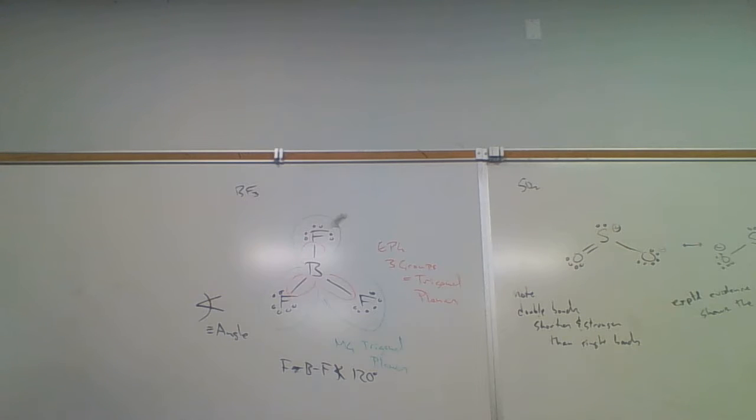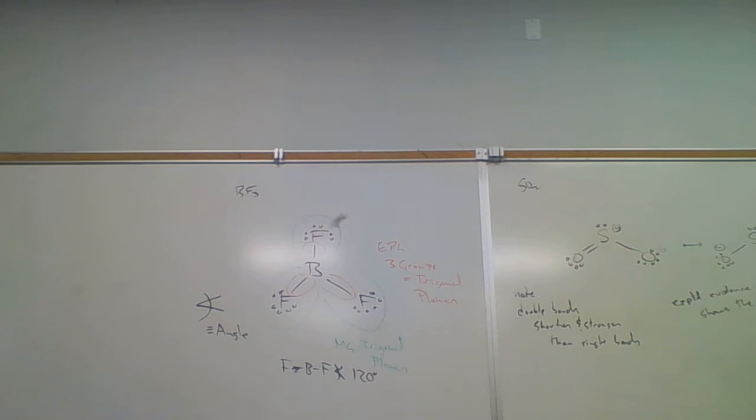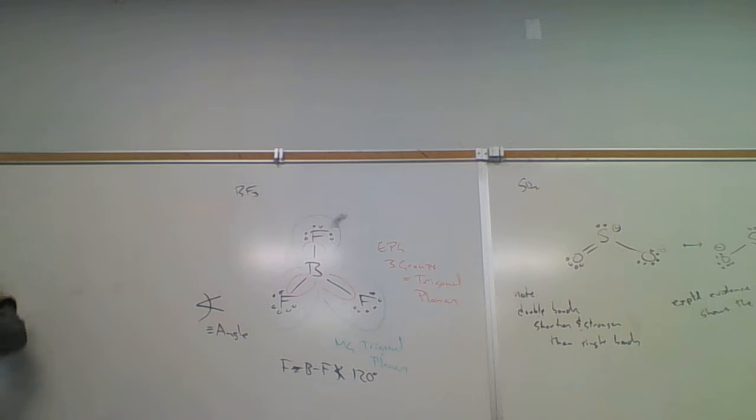What's that first word you have? Okay, experimental evidence shows the two bonds are the same. The two bonds are identical. And so, a more accurate structure is the hybrid.